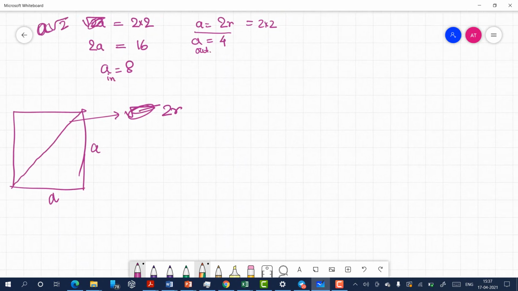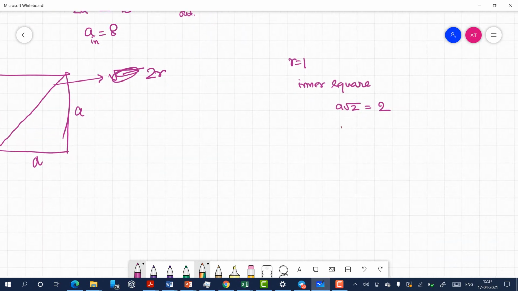Okay, so now let us consider r is equal to 1. For the inner square in the circle, the diagonal length is going to be 2r, which is simply 2. So a is going to be root 2. For the outer square, we will have length equal to 2r and r is equal to 1, so a is going to be 2.